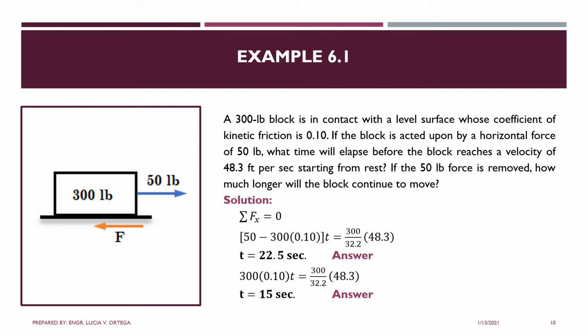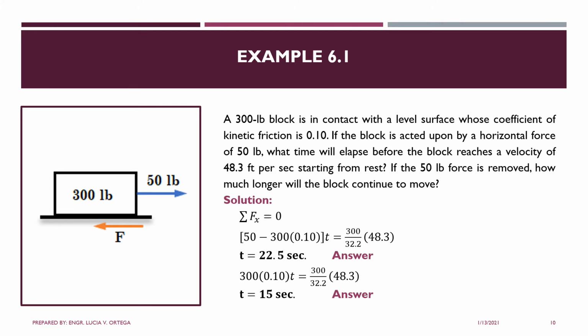What is the question? If the block is acted upon by a horizontal force of 50 pounds, what time will elapse before the block reaches a velocity of 48.3 feet per second starting from rest? So by applying the 50-pound force, after 22.5 seconds the velocity of the body is 48.3 feet per second.